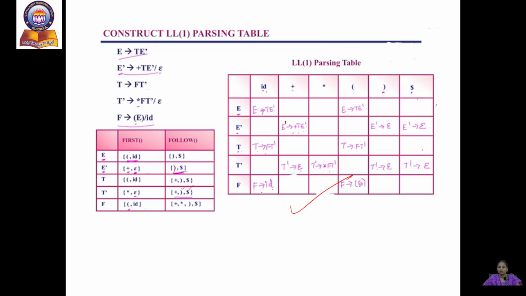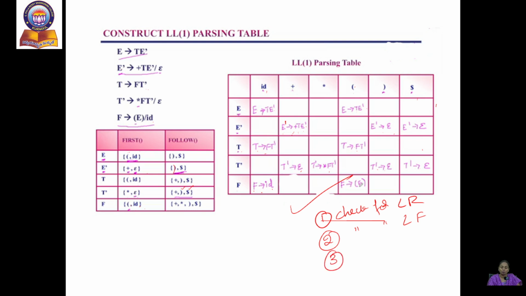In such cases you have to follow the steps. First you have to check for left recursion. If left recursion is there, then you have to rewrite the grammar by eliminating the left recursion. Second, check for left factoring. If left factoring is present, then you have to remove it and rewrite the grammar.